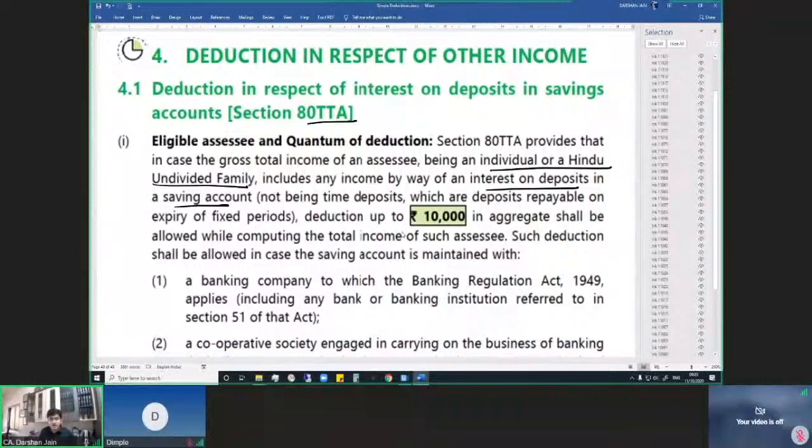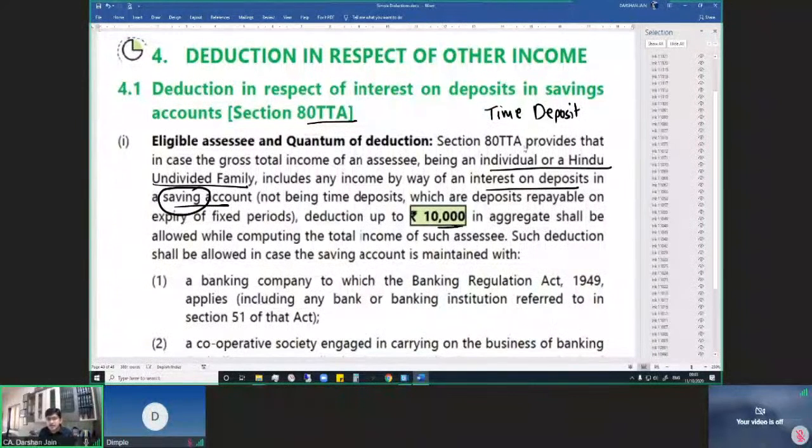The maximum amount of deduction would be 10,000. It is only the savings deposit account and not any other deposit account. So if an individual or HUF is earning interest on time deposit, that is not eligible for deduction here.